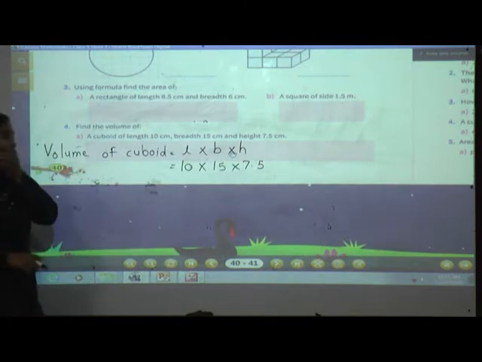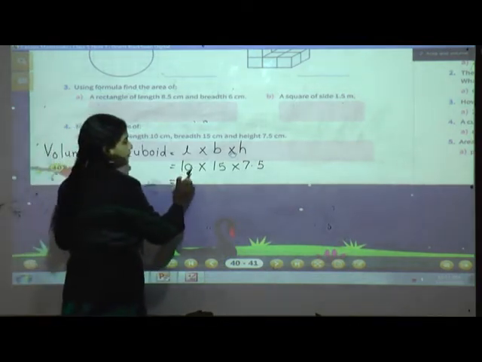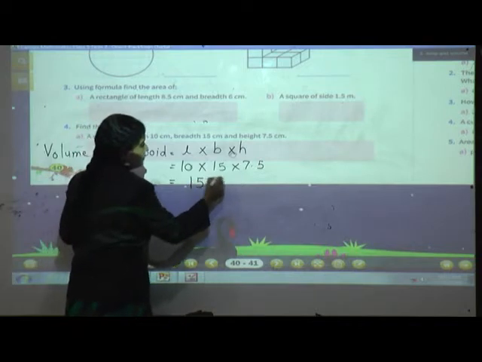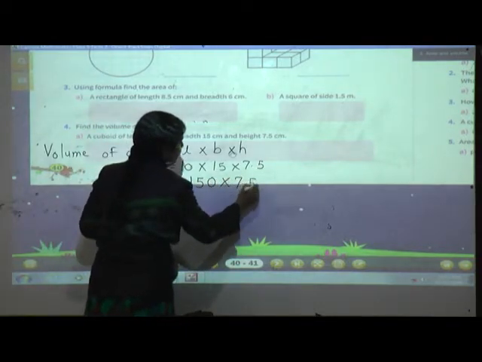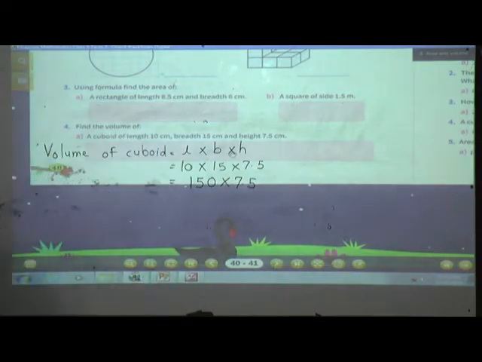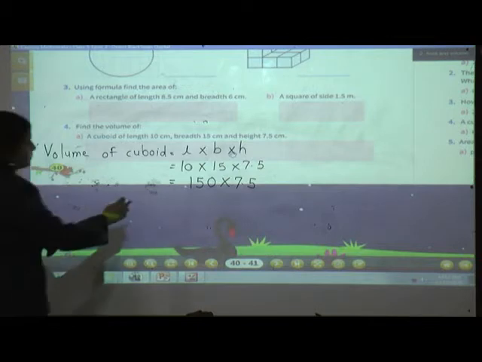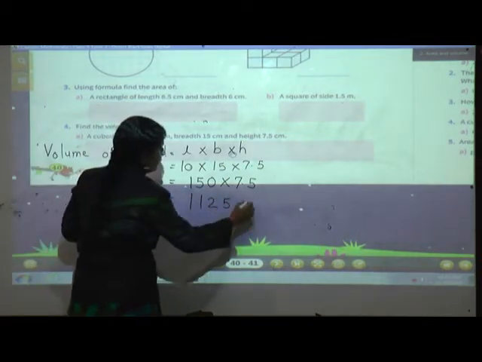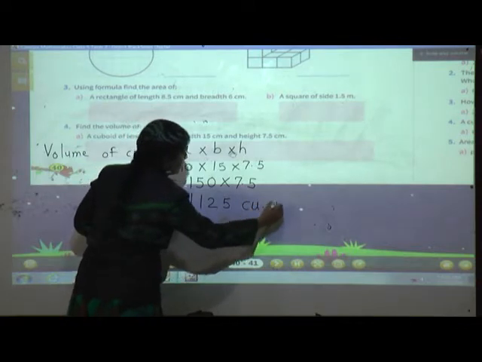Okay, students. So if you multiply 15 and 10, you will get 150. Multiply by 7.5. Now do multiplication. Yes, students, you will get the answer 1125 cubic centimeter.